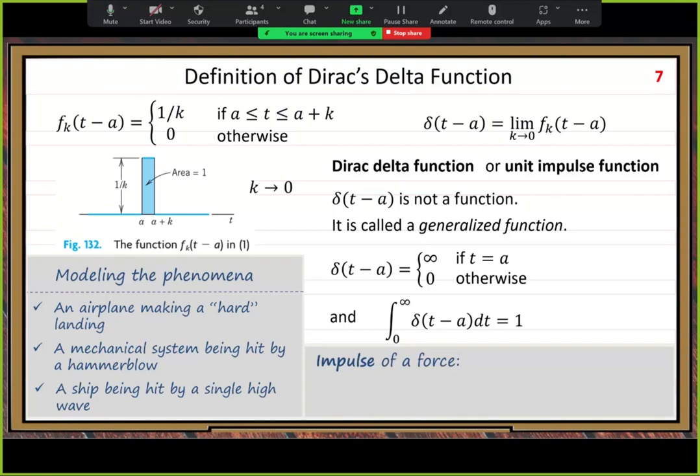So now, the reason we use this special function is to model impulse of a force. If you see the right-hand side of your ODE is an impulse of a force, then you need to use this function. Actions of forces, mechanical or electrical. Electrical, you may have that, right? Impulse of voltage, current, etc., are applied over short intervals of time.